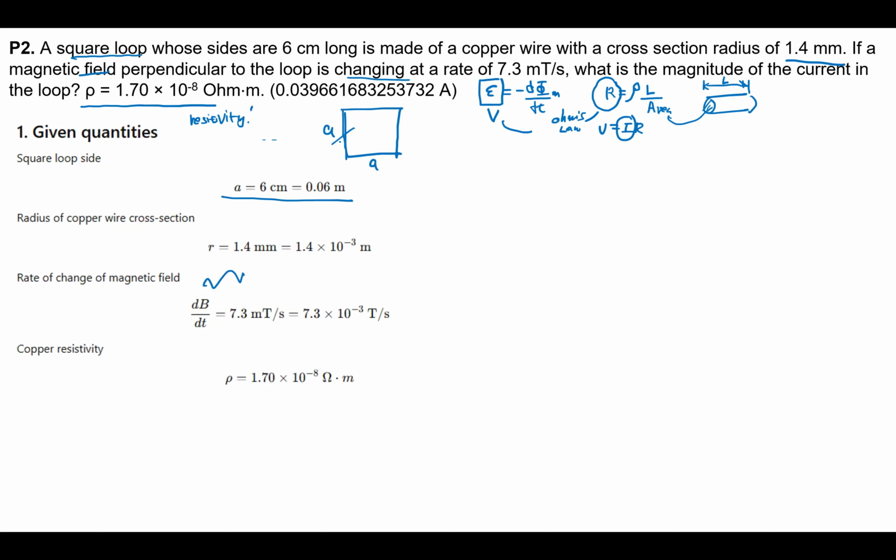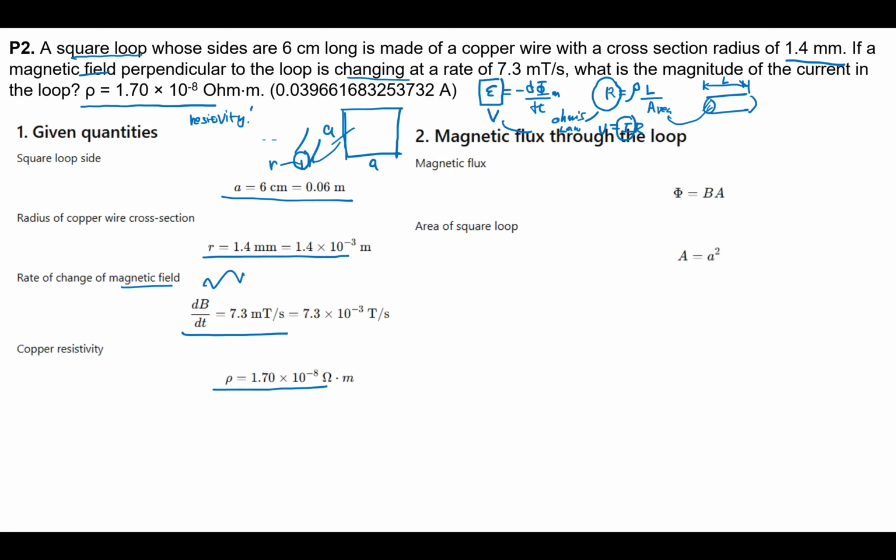So if you cut it, then you'll find out that it is like this, and then its radius is R. And the rate of change of the magnetic field is given by dB over dt like this one, and the copper resistivity is given like this. Okay, so these are the givens.